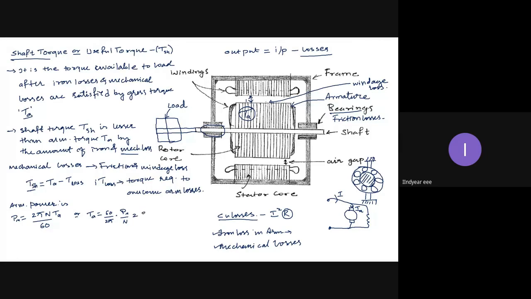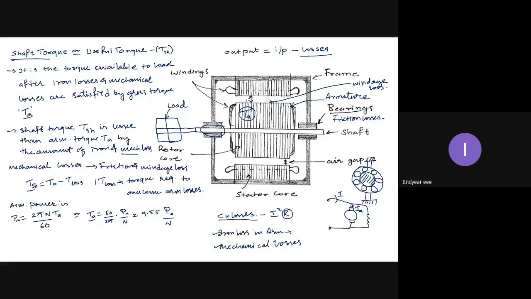This is nothing but 9.55 PA by n. So armature torque is equals to 9.55 times armature power divided by the speed.